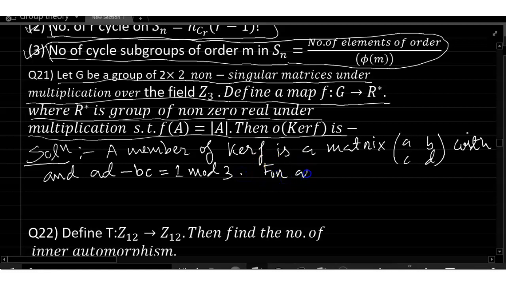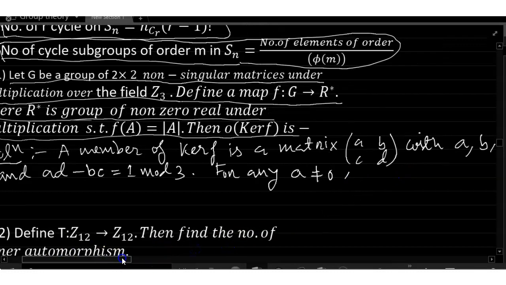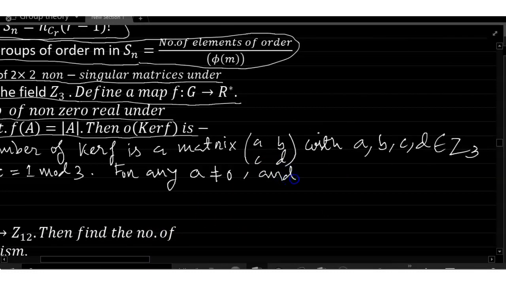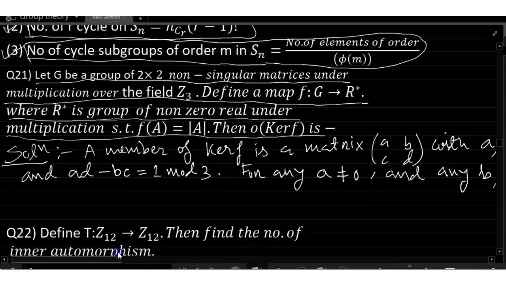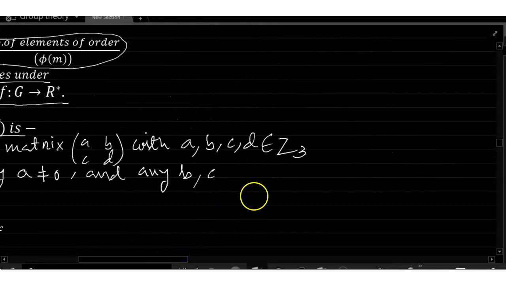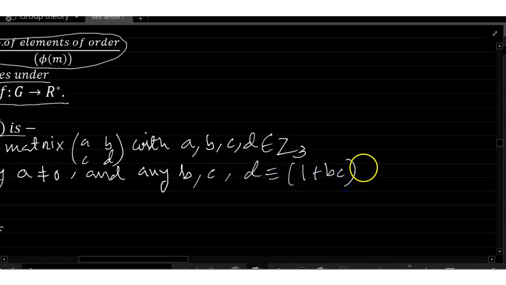For any a not equal to 0 and any b, c, d is equivalent to (1 plus bc) divided by a mod 3.